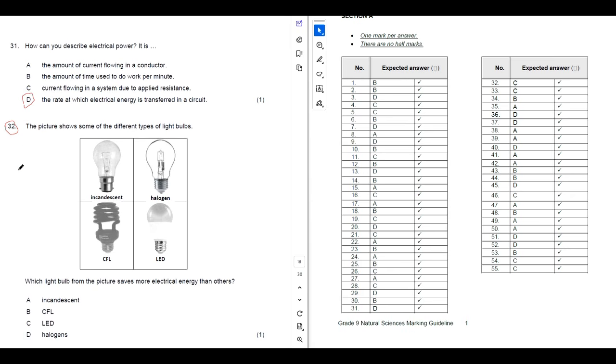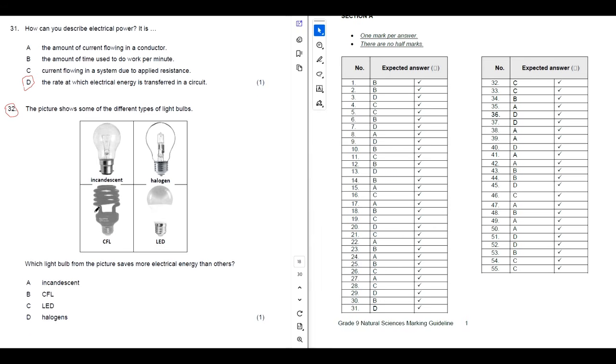Okay? And then next we will move to our next question, which is question 32. Question 32 says that the picture shows some of the different types of light bulbs. Okay, so we can see here that we have incandescent, halogen, LED, and CFL.